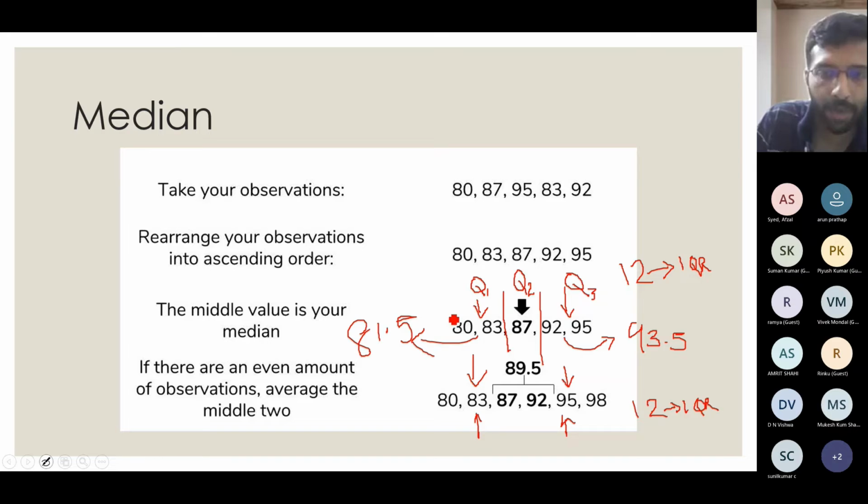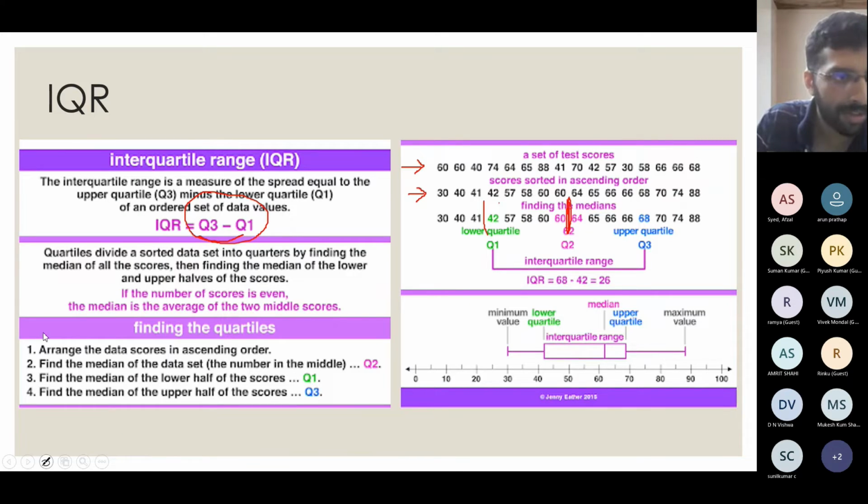The second one I took from some online site. I didn't go through it actually, so I will just tell the answer here, because whatever is shown is actually wrong. You divide here, 60 plus 64 by 2 is 62, Q2. Then here you have 8 data points, so your half point is here. 42 plus 57 by 2 is your Q1, 49.5. And again here you have 8 points, so 66 plus 68 by 2 is your Q3, that is 67.